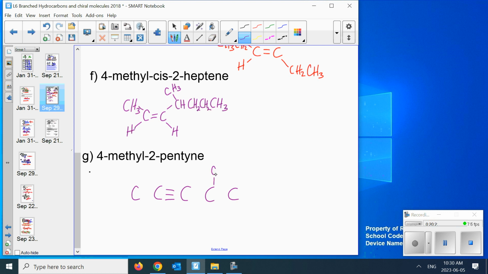I'm going to put the methyl group here. And then I'm going to figure out what's left over. Now, I could do it the long way that we showed initially. I'll just do that right now. Just put the H's there. And I'll finish this, but I'll show you the abbreviated way. You can do either one.